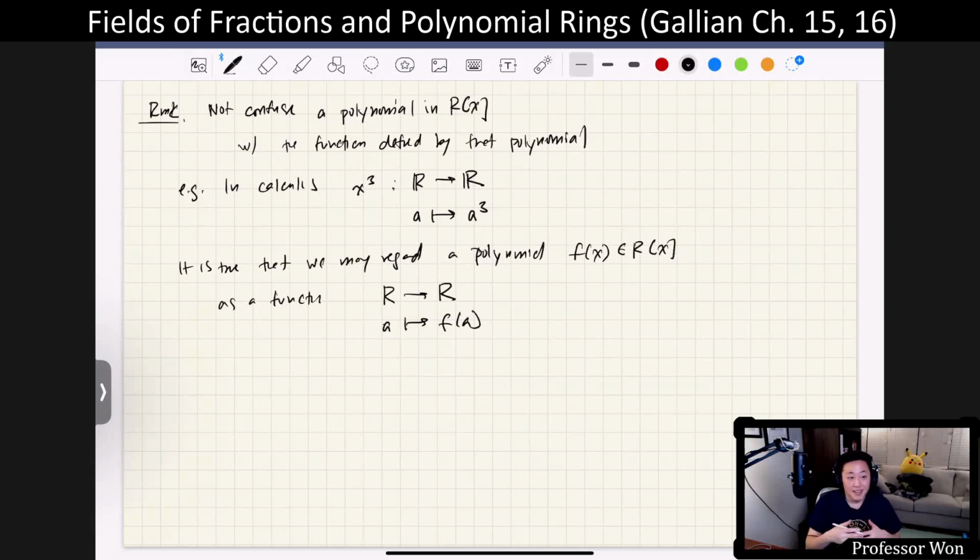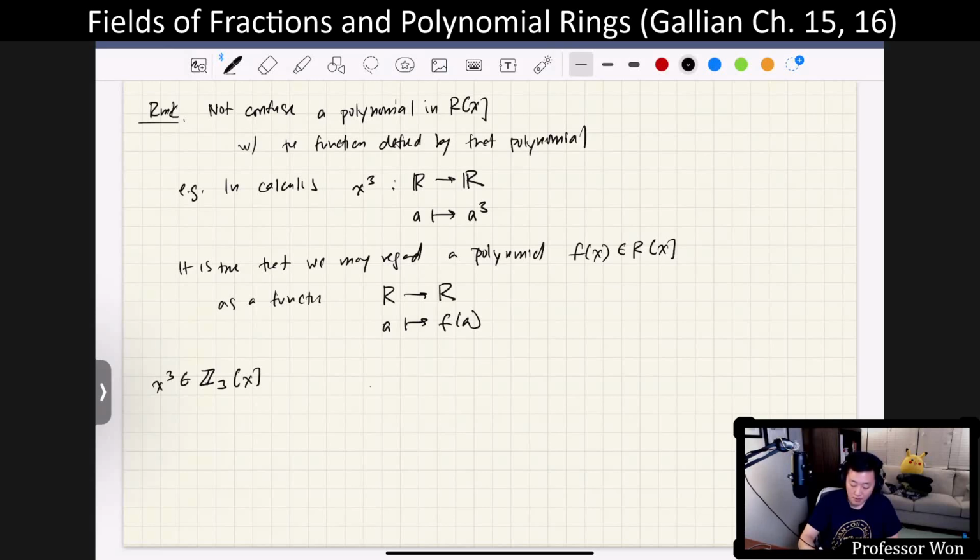However, the polynomial is not the same thing as the function, because sometimes different polynomials give you the same function. So a polynomial is not the same thing as a function, although given a polynomial, it is often useful to think about the function that it gives. The easiest example is the polynomial x cubed in Z_3 adjoin x.